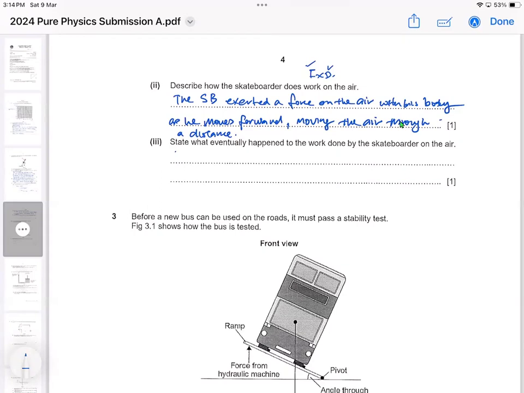So most likely it will be transferred into a heat store. Okay, something like this.